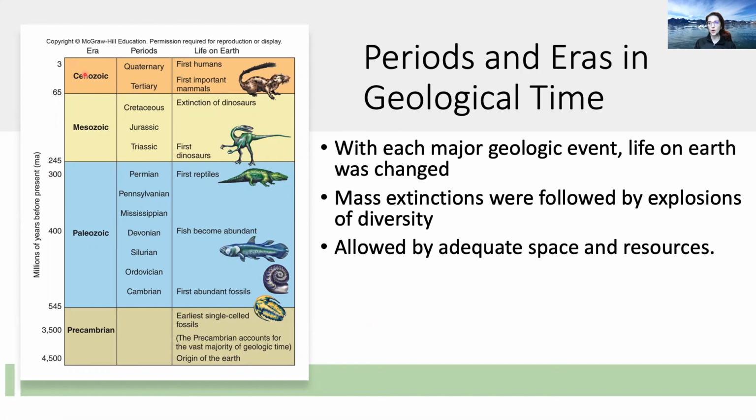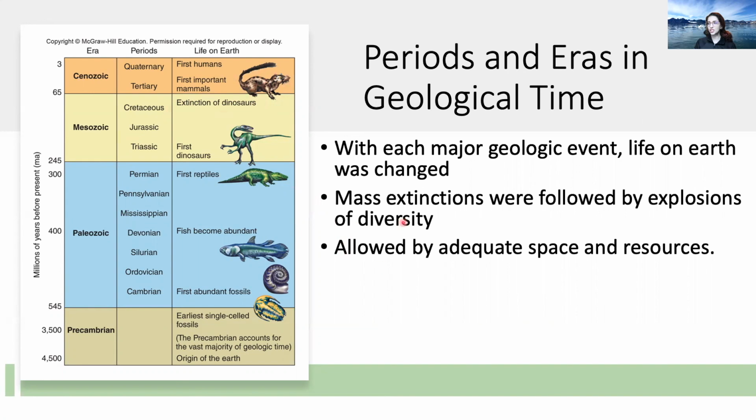But we also, after an extinction event on our planet, see an explosion of diversity. And so after the dinosaurs went extinct at the end of the Mesozoic era, we had an explosion of mammal diversity on Earth. So removing those dinosaurs made way for a whole bunch of ecological space to be taken advantage of by our mammal ancestors.